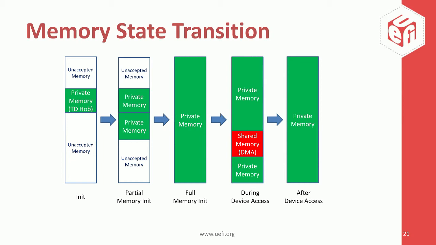This step is optional, and it may be left to the operating system. Step 4, if a virtual device requires a DMA buffer, then the TDVF can convert some of the private memory to a shared memory for the communication. After the DMA buffer is used, the TDVF can convert the shared memory back to the private memory.